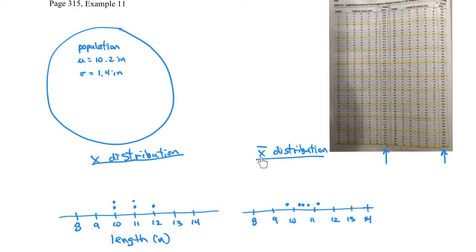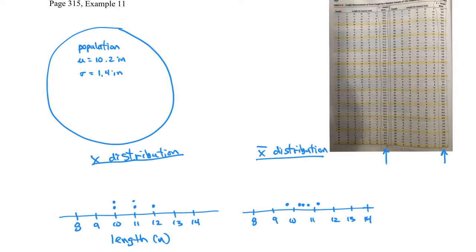So the X bar distribution, if this is a bell-shaped curve, is going to be a much skinnier bell-shaped curve, because the variation is typically going to be less here. Any extreme value like a 14 is getting averaged in with 4 other trout, so by the time you take the average, it'll get pulled more towards the mean. Because this X bar distribution is a distribution of averages, a distribution of means of 5 trout.